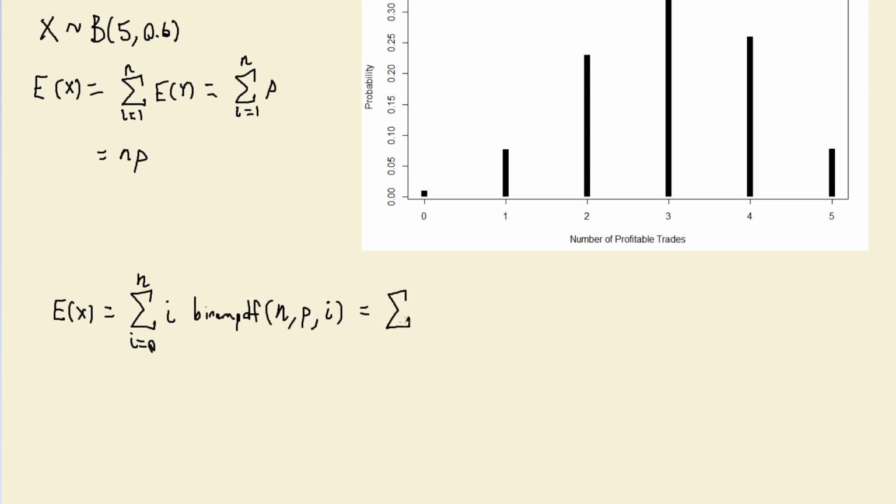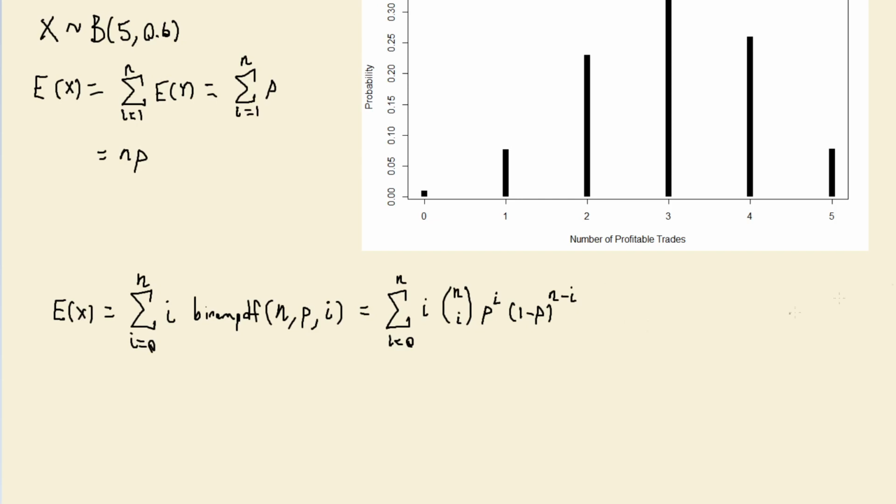Well, we know our formula for the binomial probability mass function. So this is just going to be i times n choose i, then we're going to multiply by p, probability of success, to the power of i, multiplied by the complement of p to the power of n minus i.